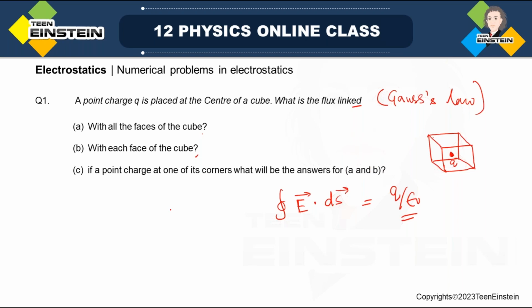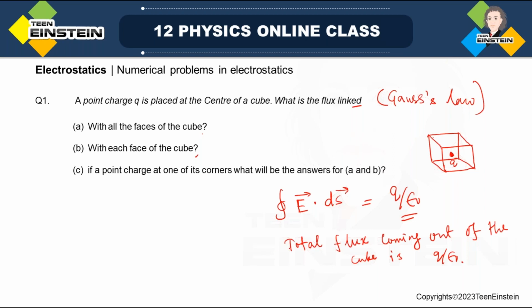So first of all, since the charge is q, the total flux will be q by epsilon 0, as you can understand. So the total flux coming out of the cube is q by epsilon 0.